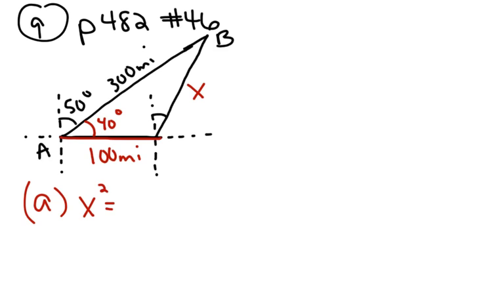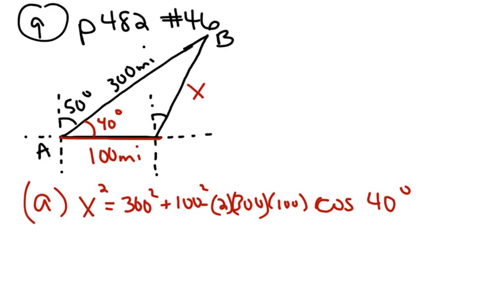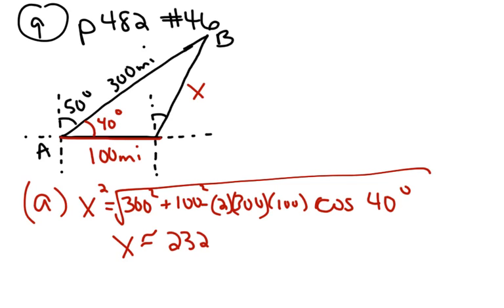So x squared is equal to 300 squared plus 100 squared minus 2 times 300 times 100 times the cosine of 40 degrees. Don't forget to take the square root of your answer at the end, and you find out that x is approximately 232.5 miles. You actually need to know that answer in order to do part B.